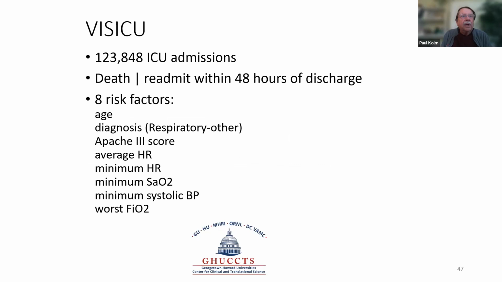Okay, and I'll do one example here where we looked at ICU admissions and our outcome was death or readmission within 48 hours of discharge. And we have 8 risk factors: age, diagnosis, Apache scores, heart rate, oxygen saturation, blood pressure, and FiO2.